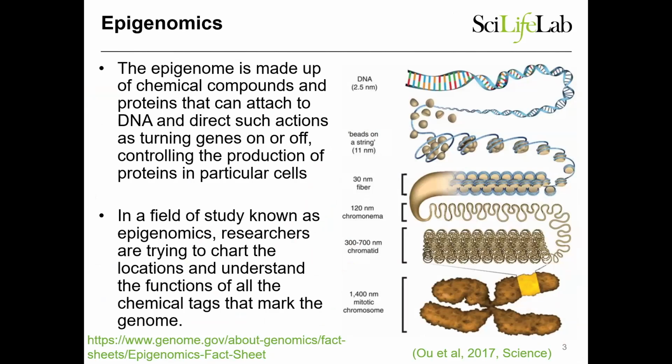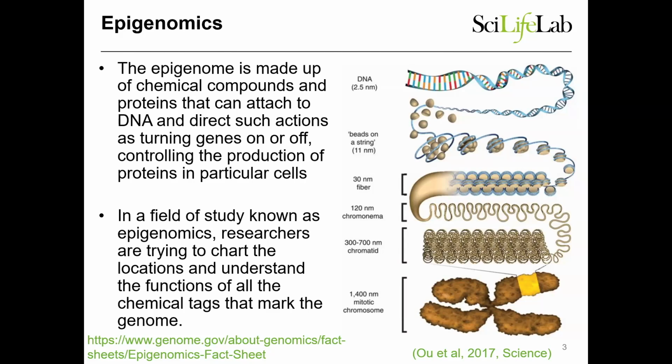Okay, so epigenomics, starting with the epigenome. It's a bit of a contested term, but one common definition is that the epigenome is all the chemical compounds and proteins and chemical modifications that happen to the DNA that are not part of the nucleotide sequence, but things attaching to the DNA in various ways, which can regulate gene expression.